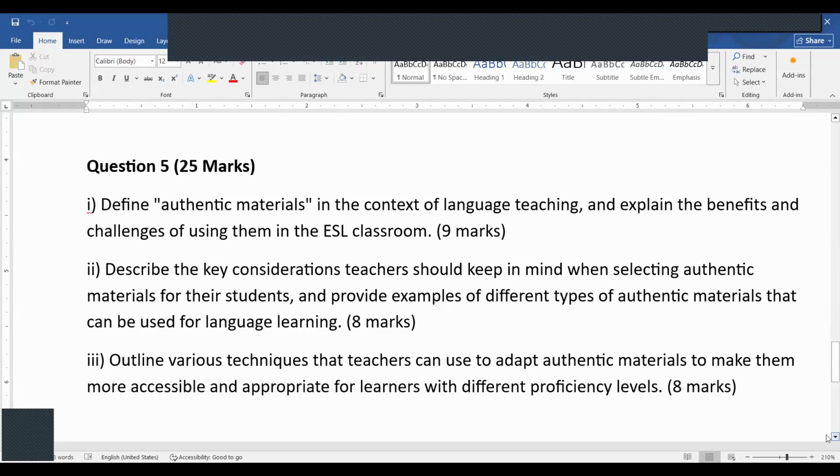And then we discussed in detail what teachers should consider when selecting authentic material. Can you remember what we discussed? Students' level, their interest. What else? Even I can't remember.